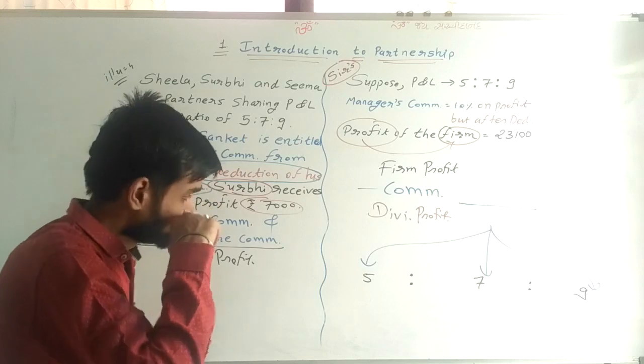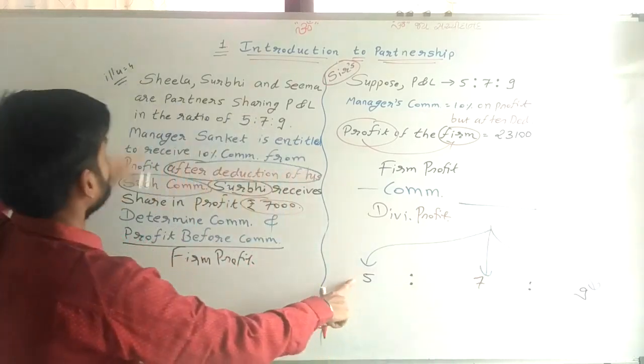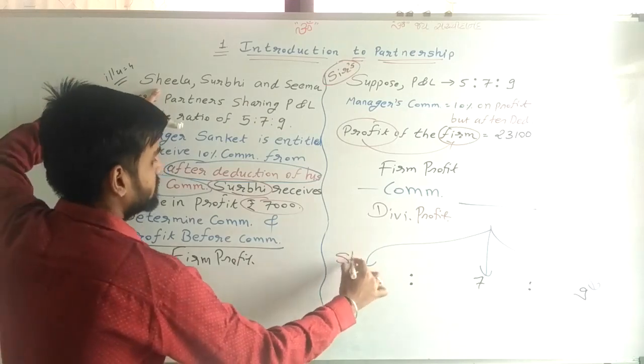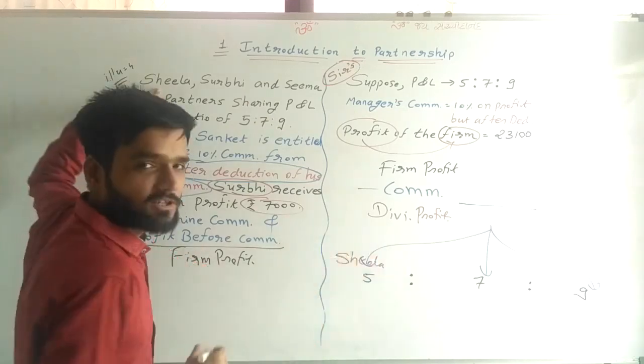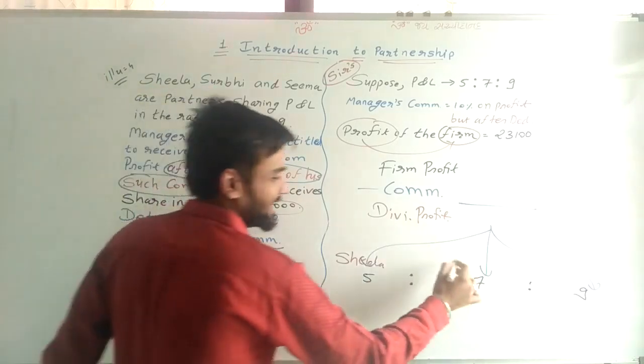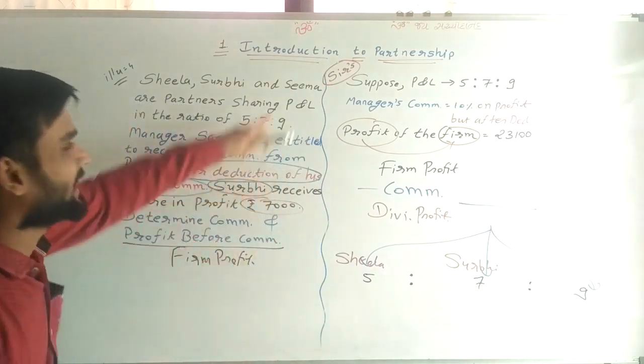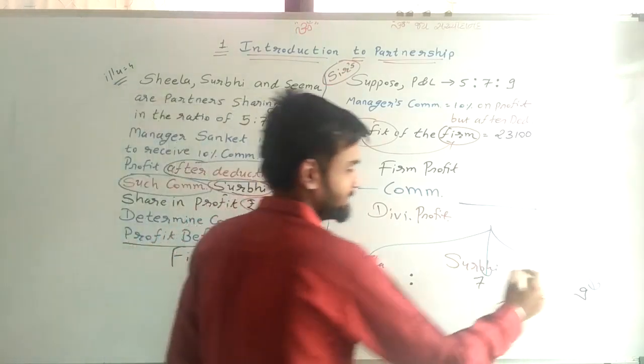Now see here. Write the names of the partners also. First partner Sheila, second partner Surbhi, and last Seema.